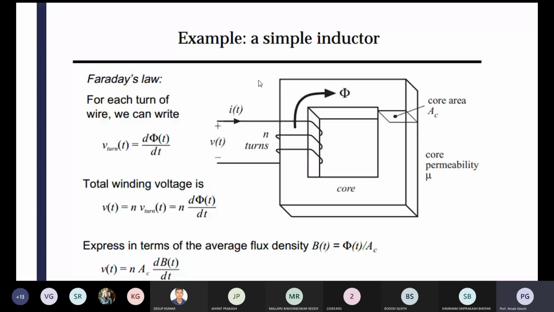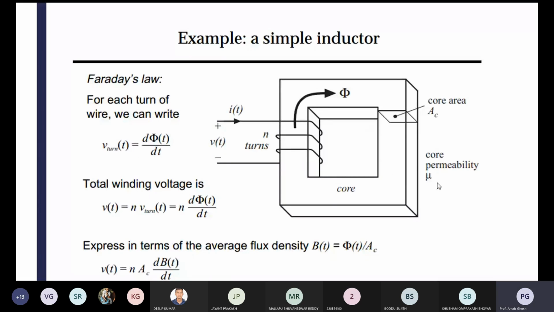You know Faraday's law: for each turn of wire, V turn equals d phi by dt. Current I is there, and N is the number of turns. If a voltage appears across the coil, current flows through that path, so flux phi will be developed, and the core area is AC.